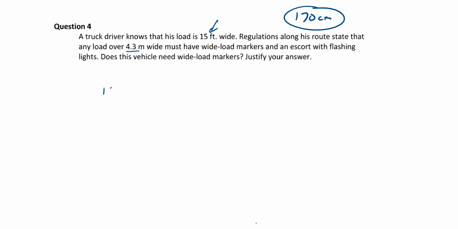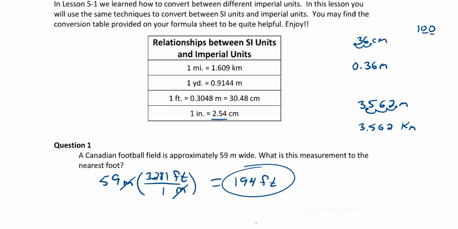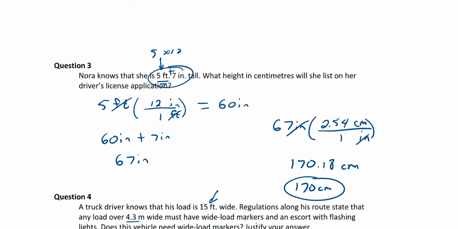Okay, so 15 feet. I'm going to multiply that by something with feet on the bottom so that they cancel, and meters on the top. Go back to our formula. So I need meters to feet, right? So there are 0.3048 meters.